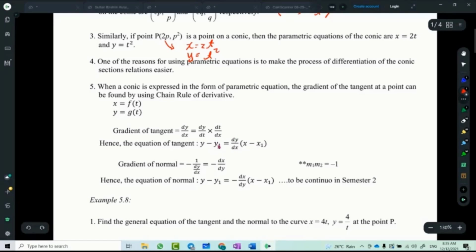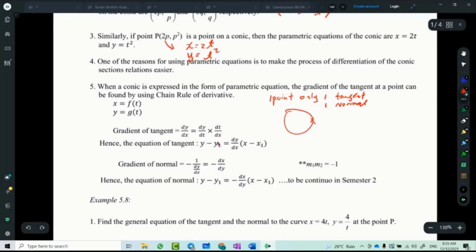This is the point. Remember one thing: if you have a curve, at 1 point you have only one tangent and one normal.